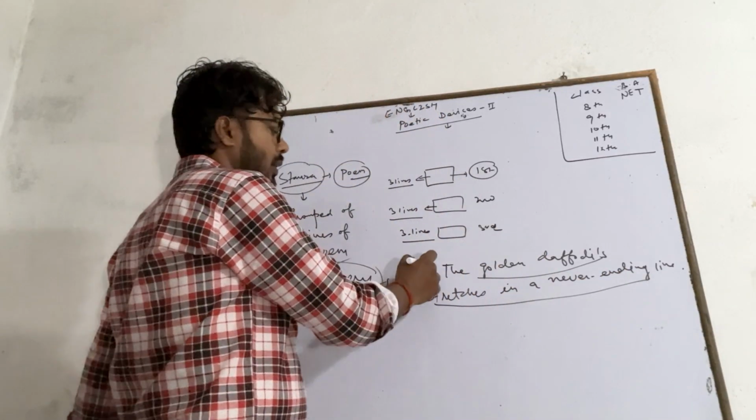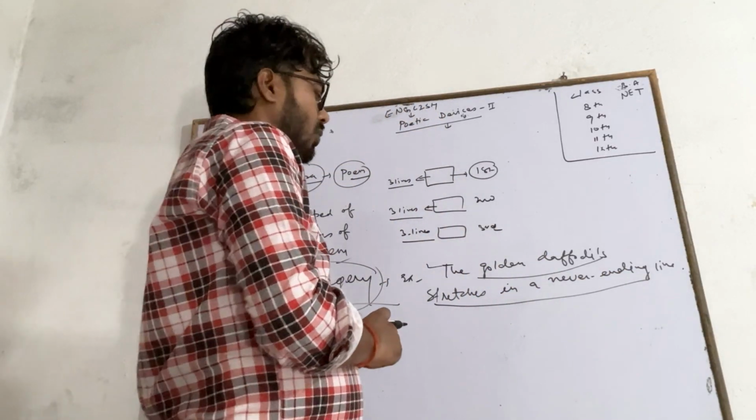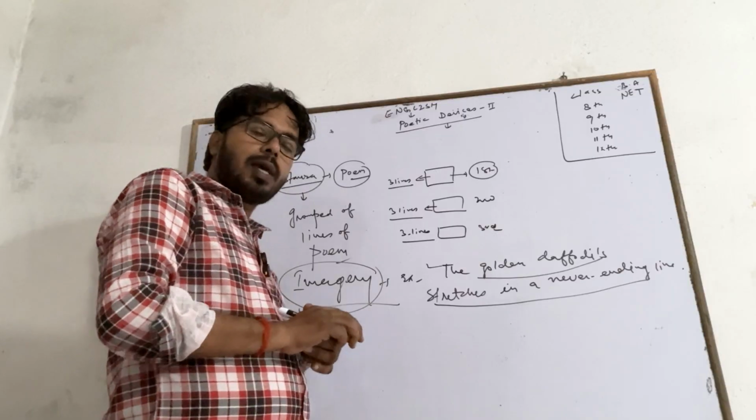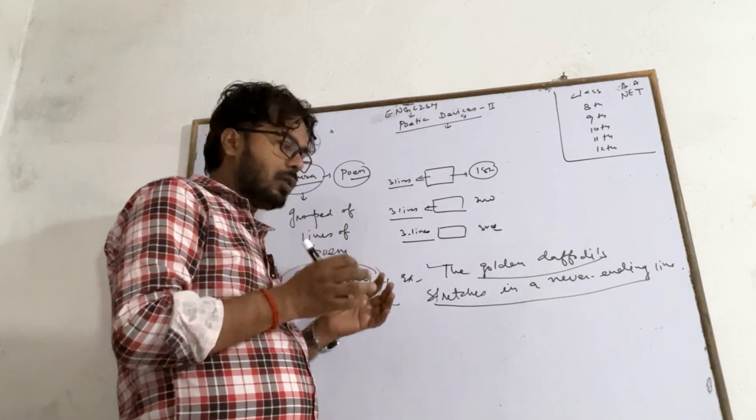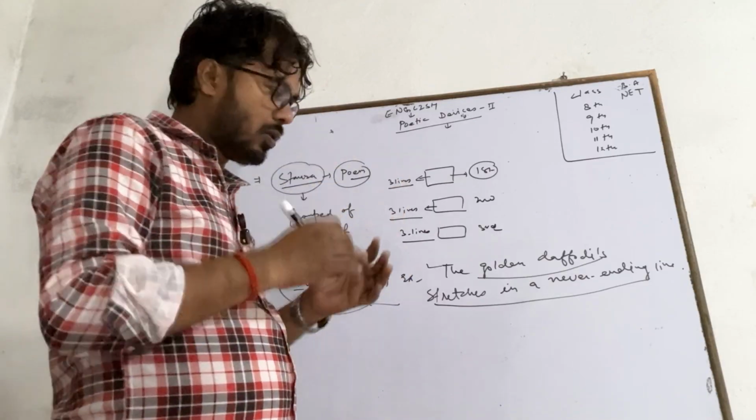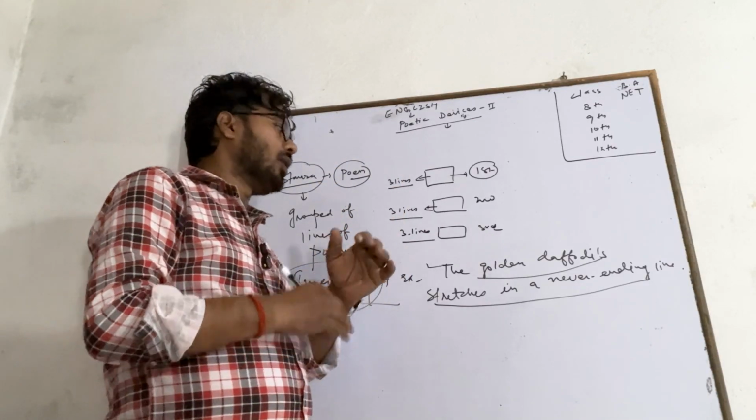When you read this particular line, you will have some image-like structure imprinting on your mind. That is called imagery.